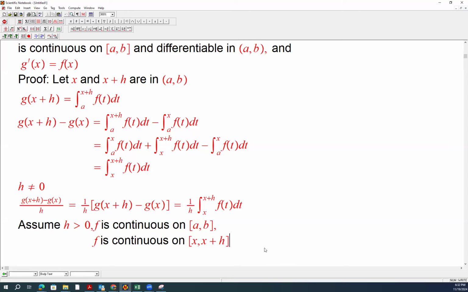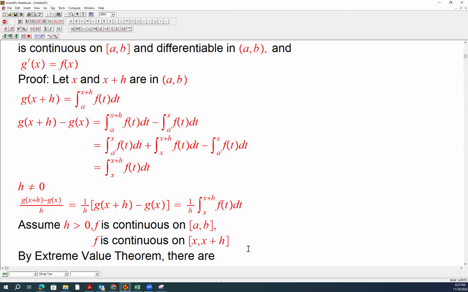By the extreme value theorem, since f is continuous on this interval, we know there's an absolute max and an absolute min.